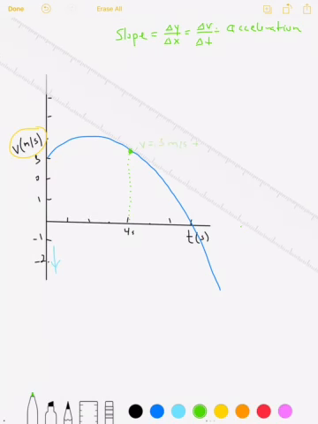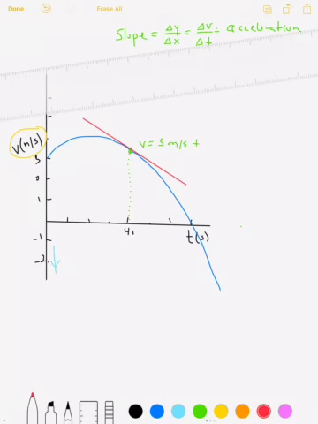But if we look at the acceleration, which is equal to the slope of the line right there at that point, we have a negative slope. So acceleration, whatever it is, is going to be negative. We have a negative acceleration. And when you have a positive velocity and a negative acceleration, that means you're slowing down. So you're decelerating.